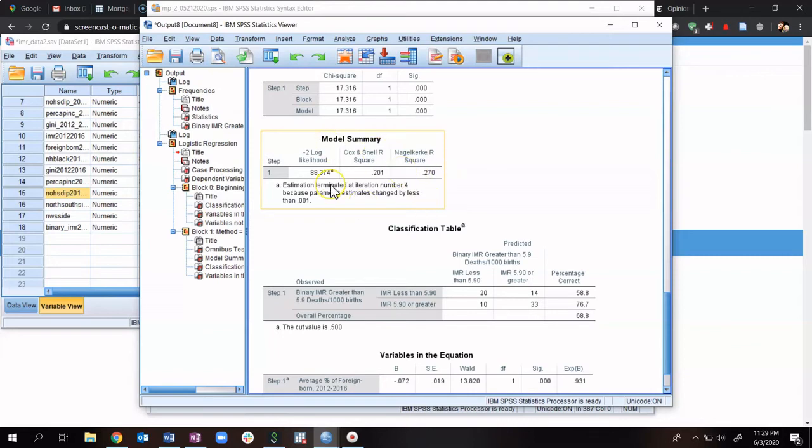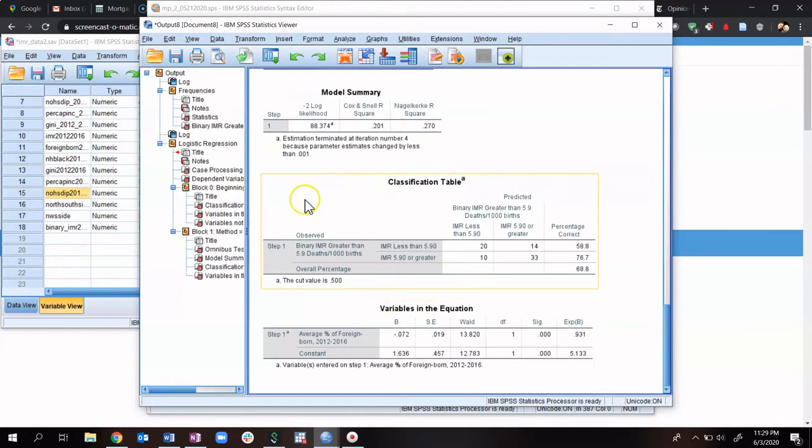Okay, so that's that. This classification table, we're not going to worry too much about it. It is just a little 2x2 table that we can look at to see what was observed versus what was predicted. What was observed is what we actually saw in our data, and what was predicted is what we would see if there was a relationship between these two variables.